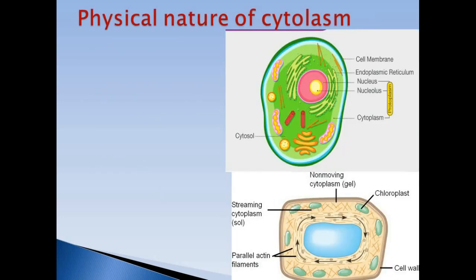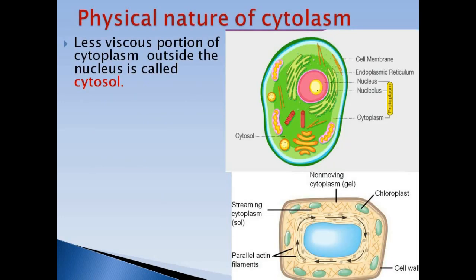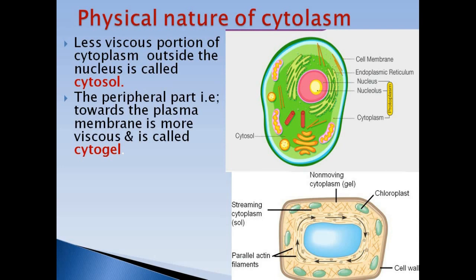Physically, cytoplasm is of two types. The part of the cytoplasm which is just around the nucleus, as you can see in this figure, this darker part around the nucleus, is in liquid form. It is less viscous, so this is called cytosol. Sol is from solution.